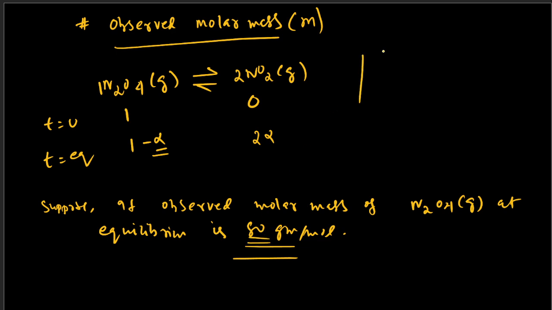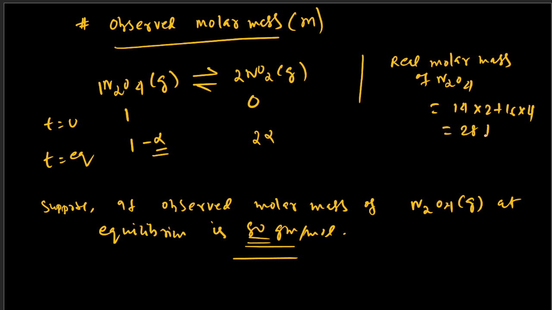If you calculate the real molar mass of N2O4, it is 14 into 2 plus 16 into 4, that is 28 plus 64, that is 92 gram per mole. This is the real mass, which you get when T equal to 0.